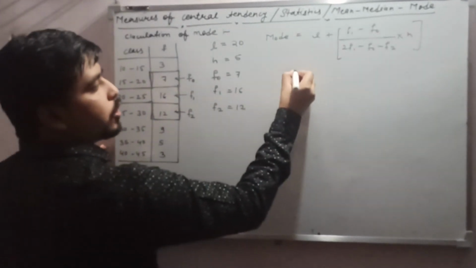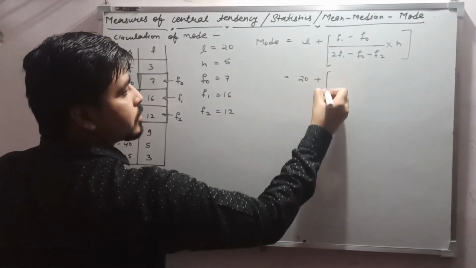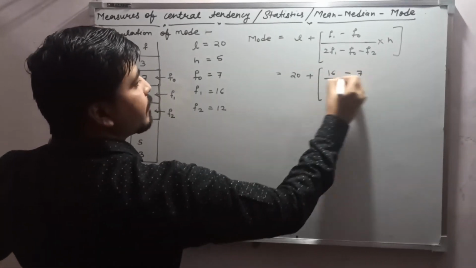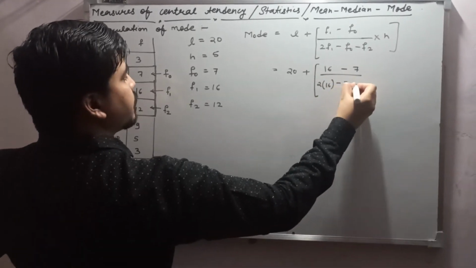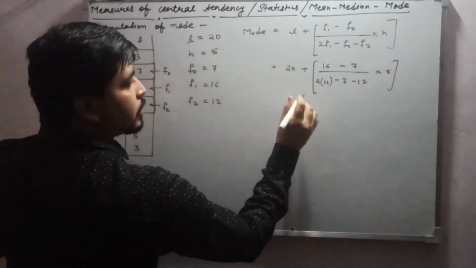Now put in all the values. So 20 plus f1 is 16 minus 7, upon 2 multiplied by 16 minus 7 minus 12, multiplied by 5.